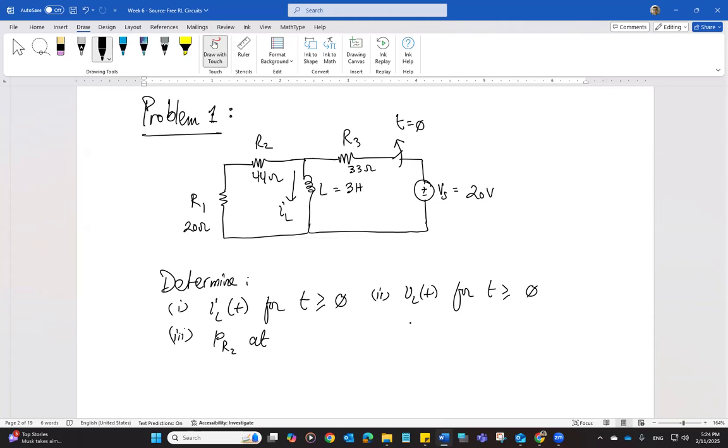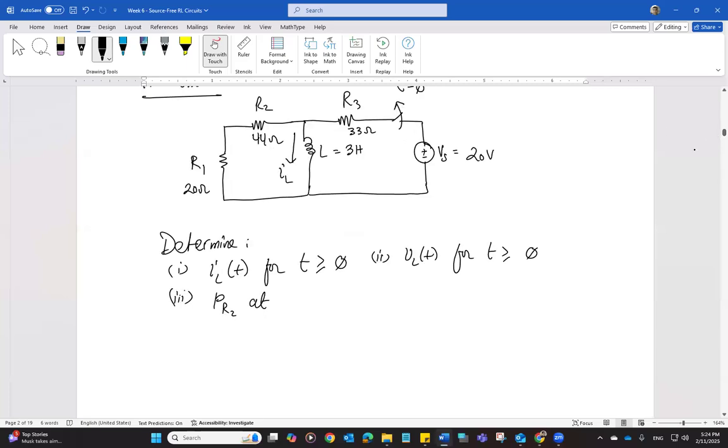So we'll decide when we look at the time constant. When we calculate the time constant of the circuit, then we'll decide at what time we want to calculate the power in R2. Of course, the method is going to be the same to calculate the power. We can just plug in that value of time, so we know exactly what the power dissipation is at that exact instant of time. So we'll come back to that specific time value.